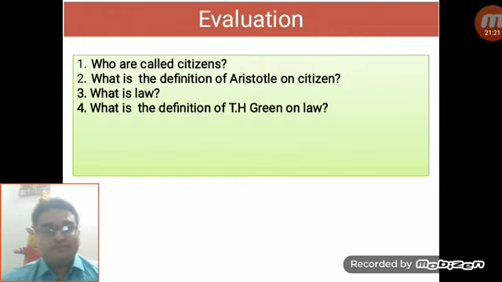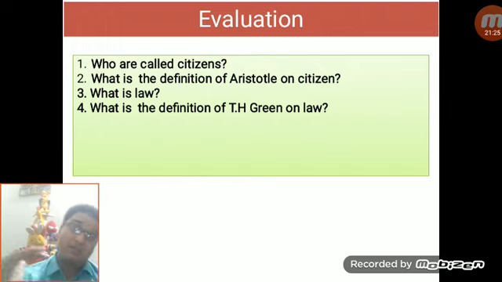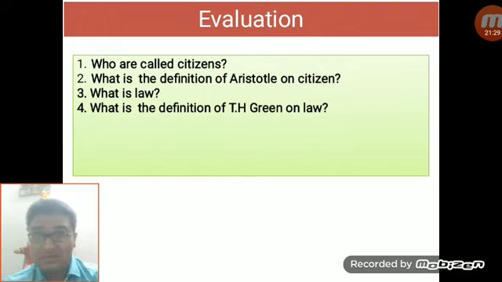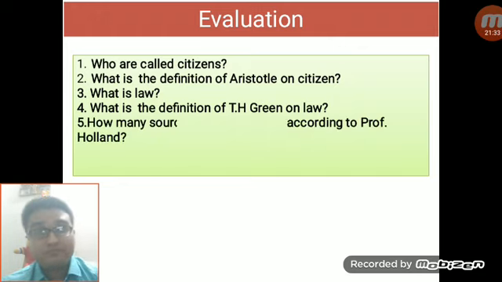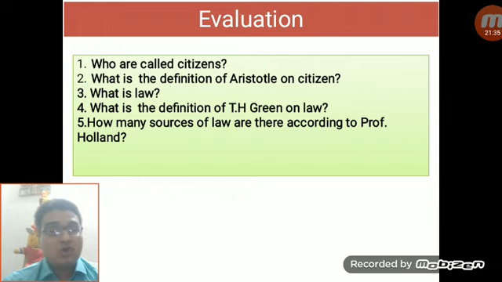According to T.H. Green, laws are rights and bindings imposed by the state. So this definition is highly important for knowledge based questions. Number 5, how many sources of law are there according to Professor Holland? Basically there are 6 sources of law according to Professor Holland.